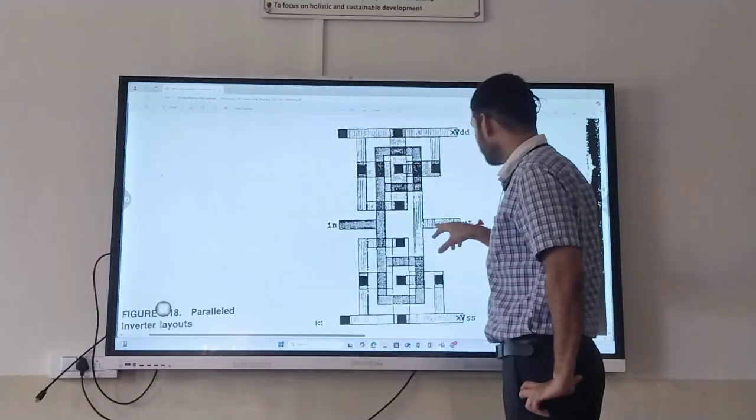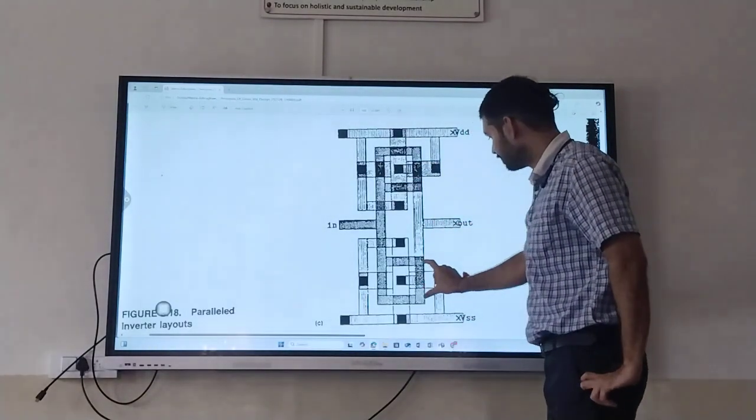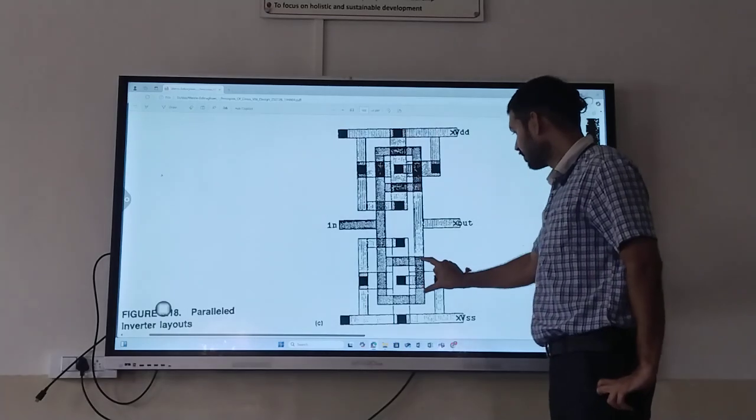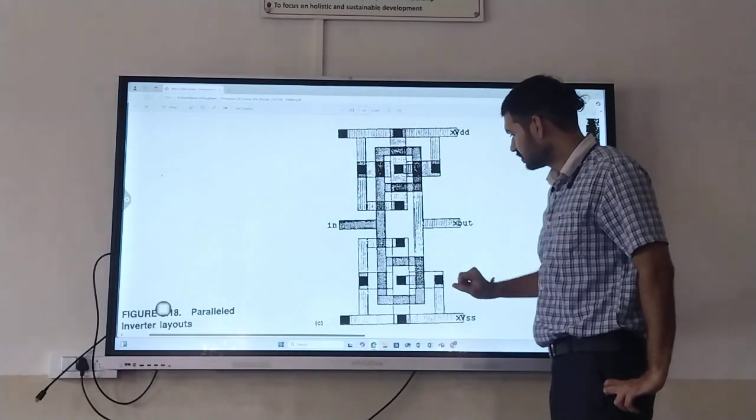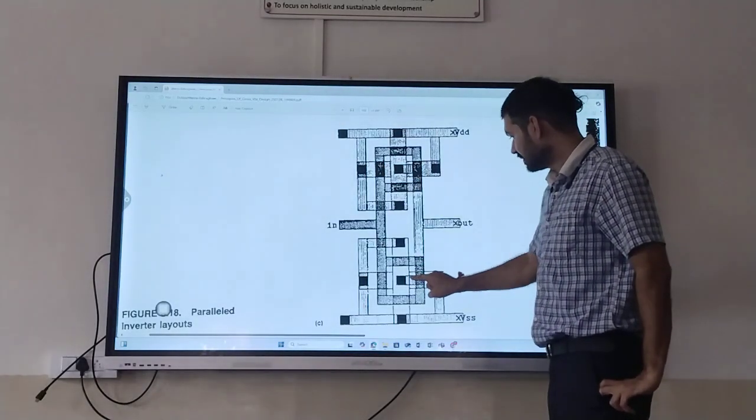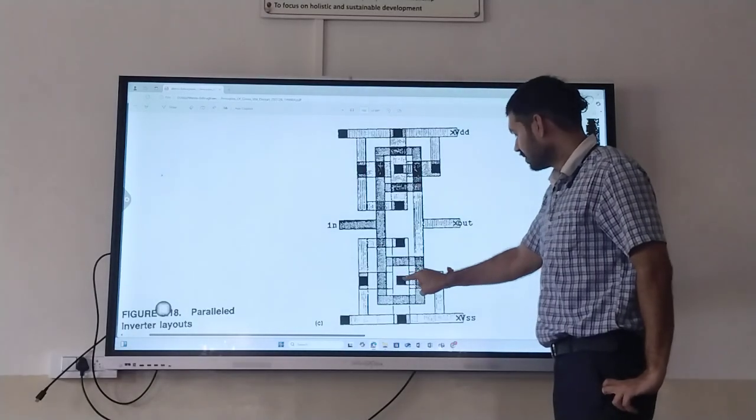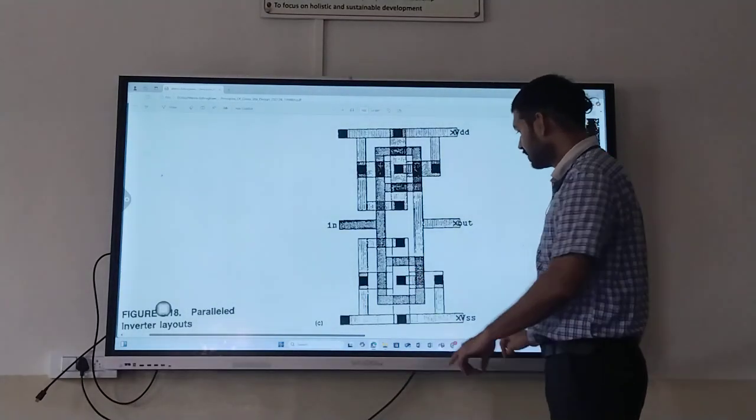And coming down. So this is also drain. This is also drain. This is drain actually. And these are the sources.